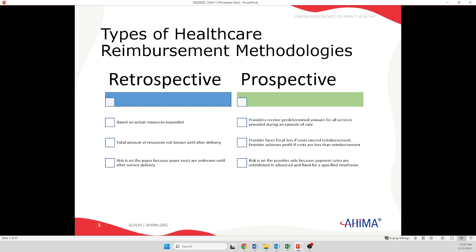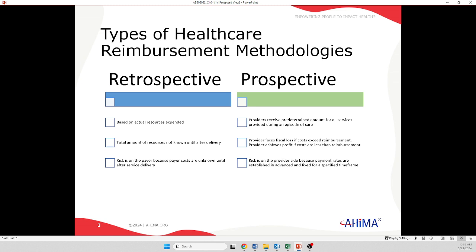So again, remember that those third-party payers, that's who's paying the bill: Medicare, Medicaid, our insurance company, and that amount of payment and how they're going to be paying is determined when they're negotiating that contract. That insurance company is negotiating it between the facility and the actual insurance company. So it's going to vary from payer to payer.